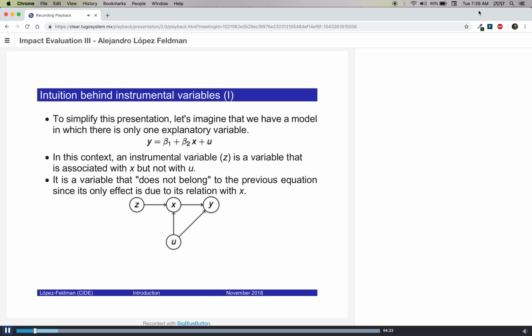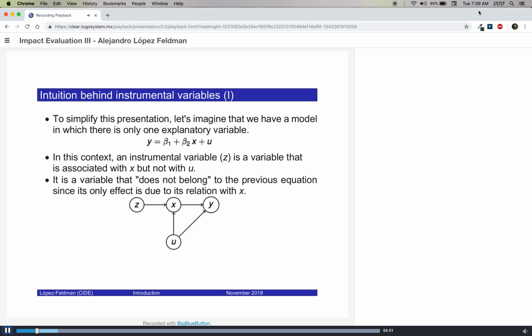Also, it doesn't have a direct relationship with y, sorry. So there is no arrow or anything that tells there is a direct relationship between both. The only relationship that exists is through the effect on x. Another way to understand this is thinking that Z is not a variable that must be included here. So Z is not a variable that belongs to this specific model.